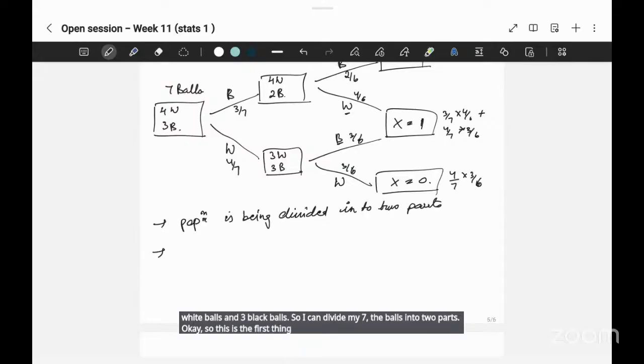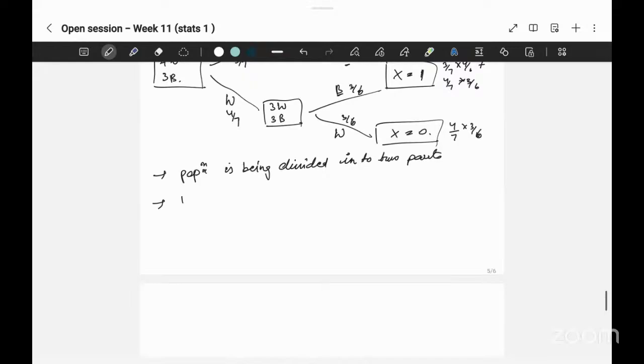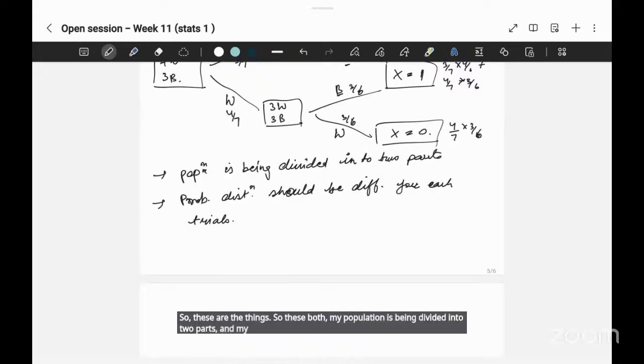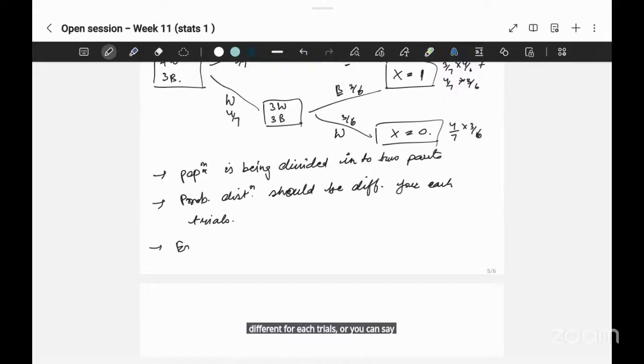And the second is that the probability distribution should be different for each trial, or you can say my experiment is being done without replacement.